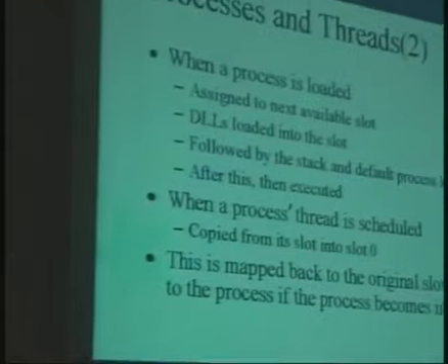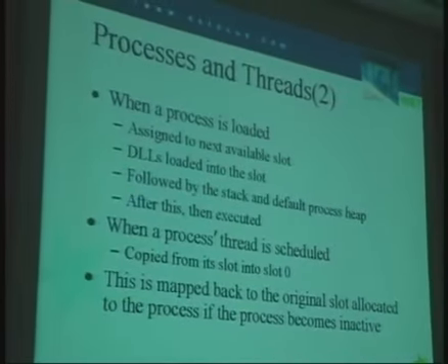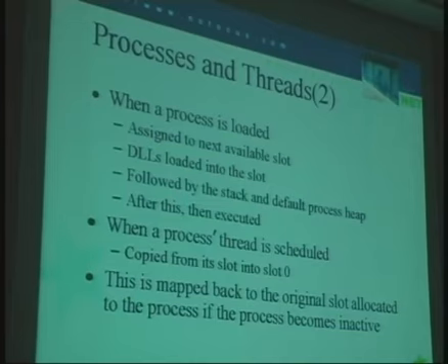When the process is loaded, the system will assign the next available slot to it. And then the DLL files are loaded into the slot on the top address, followed by the stack and the default process heap. After this, it is executed.